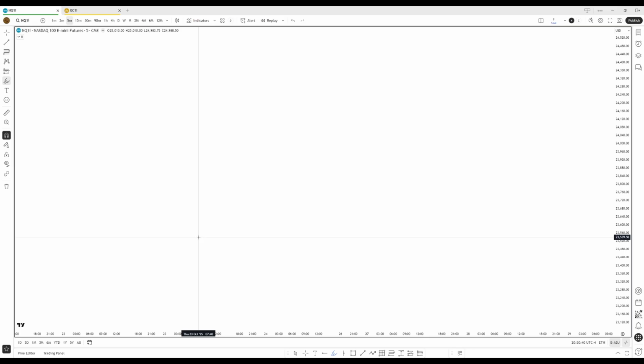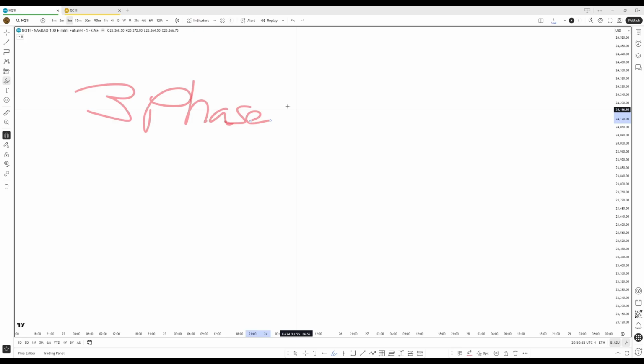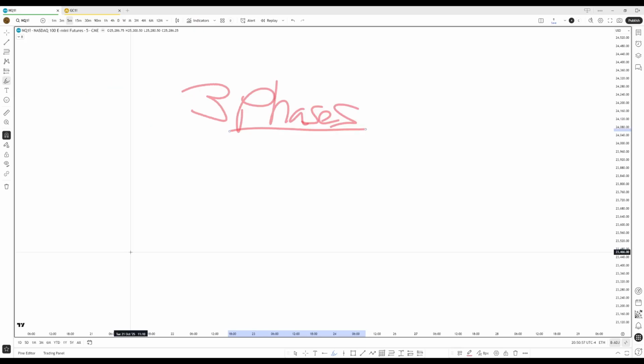Okay, so price has three phases that it can move in, right? Same idea like before. Price can either move sideways, like this. Price can move up, or price can move down.